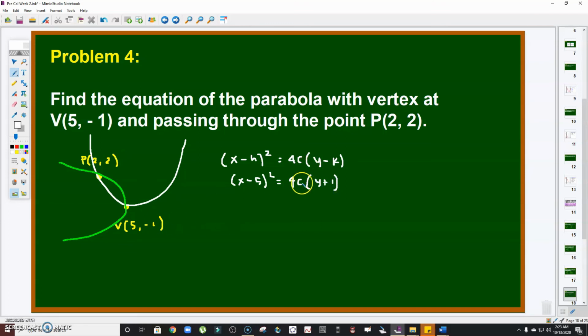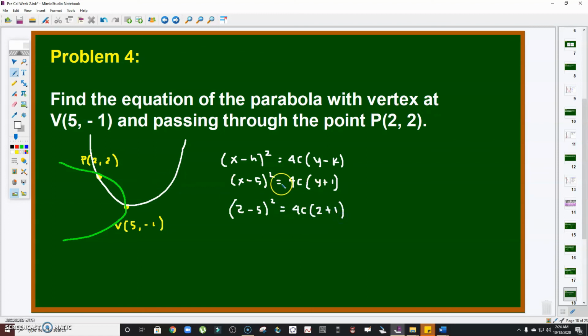Now, the question is, how are you going to get c? Use the point (2, 2). Substitute the point P. So from there, we're going to have (2 - 5) squared equals 4c times (2 + 1).